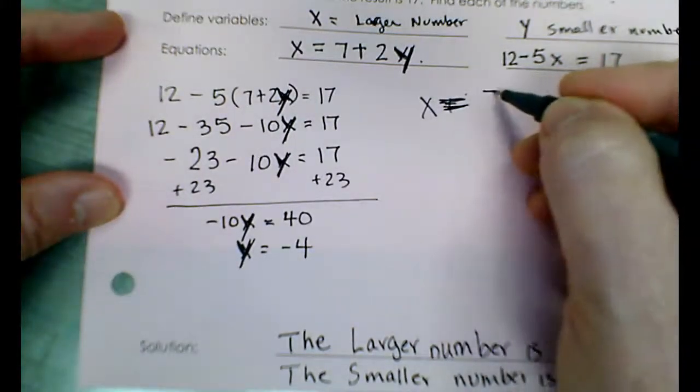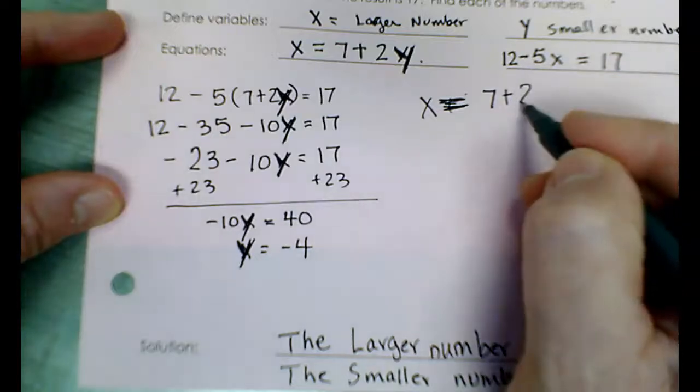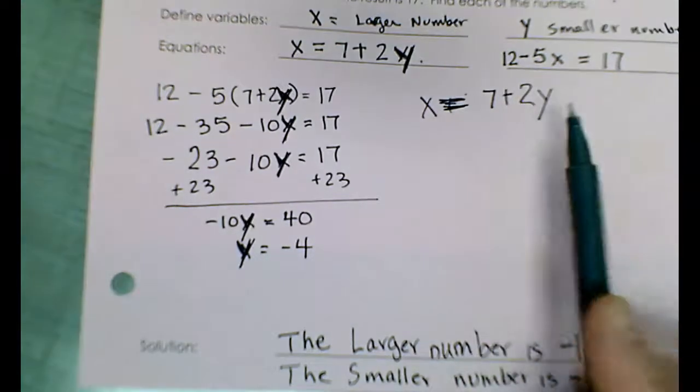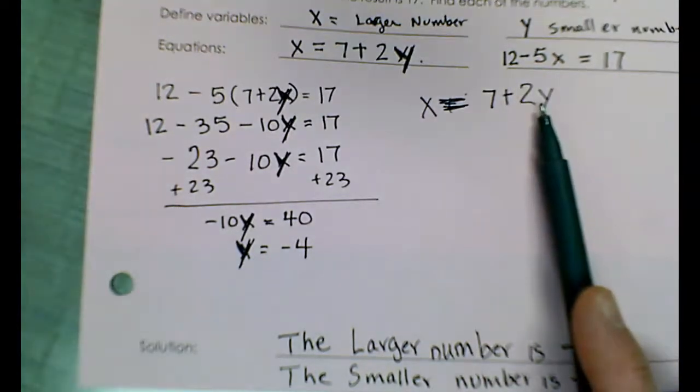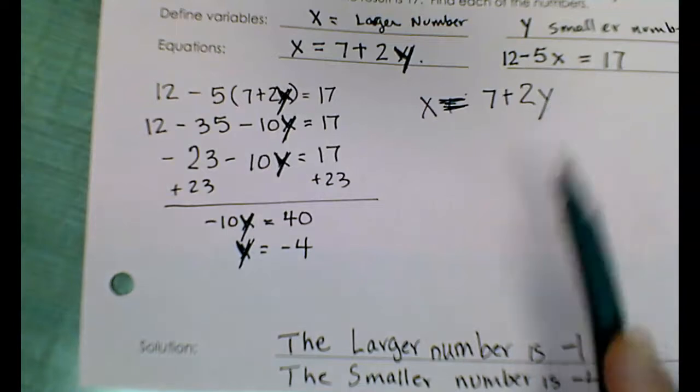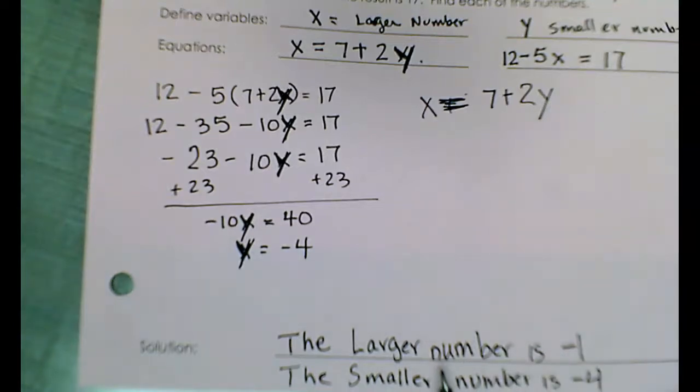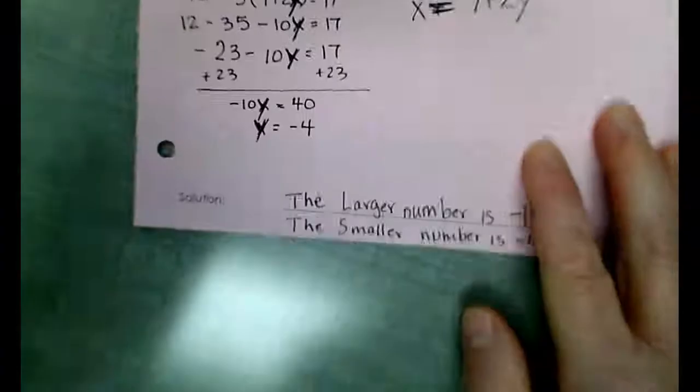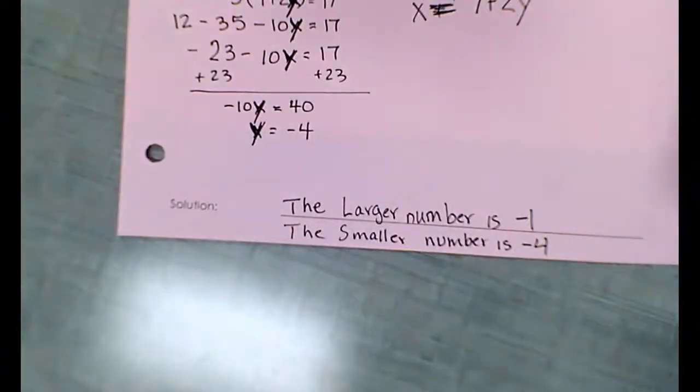Boy, I'm being all kinds of messy on this problem. And then when you substitute the -4 into this equation, you should have gotten -1. The larger number is -1, the smaller number is -4. How did you do on that?